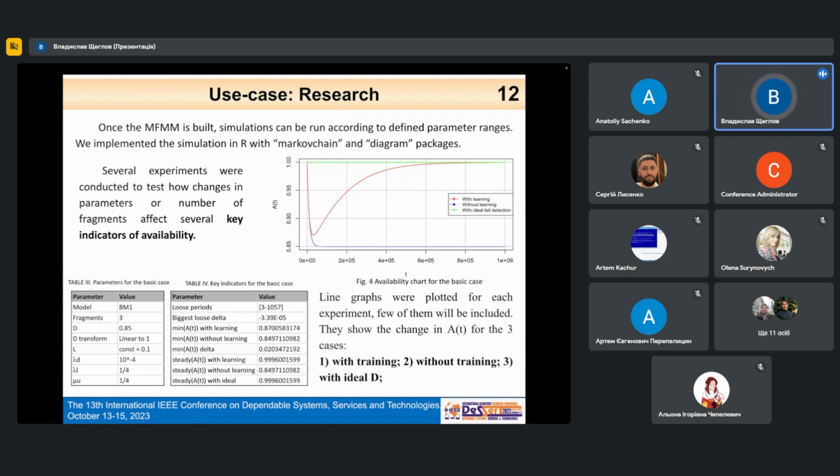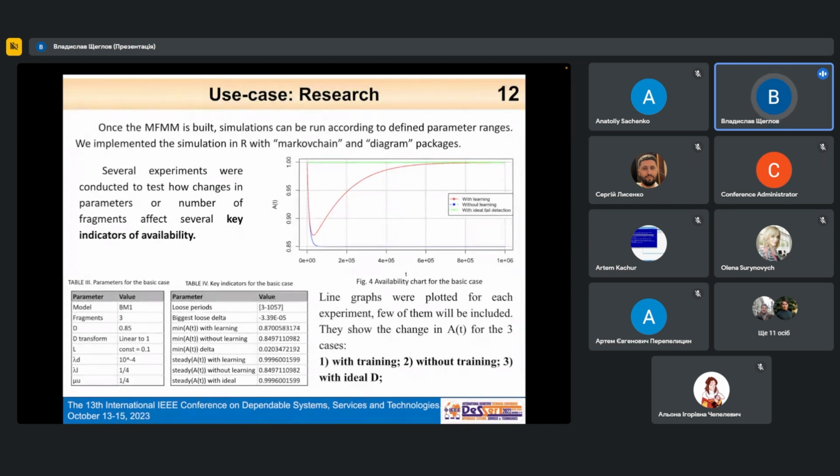Table 3 represents input parameters. Table 4 represents output or key indicators after experiment 1, the basic setup. And figure 4 visualizes the key indicators. Here you can see that diagnostic means with ideal failure detection has almost perfect availability.